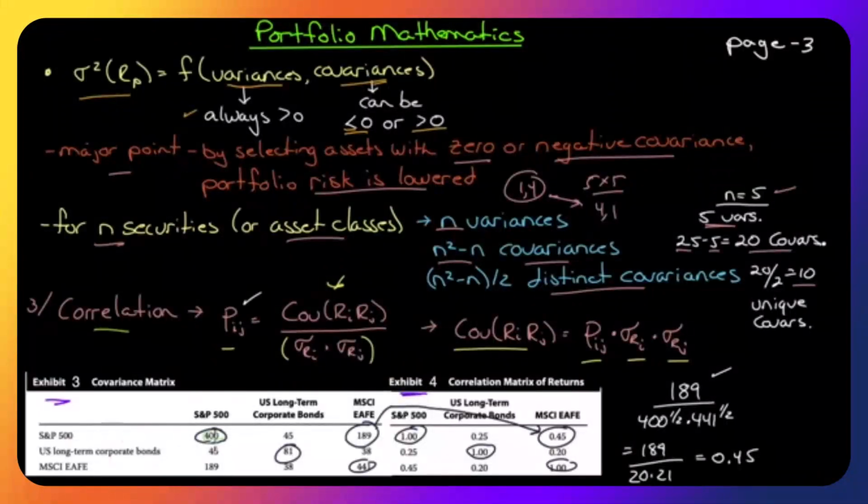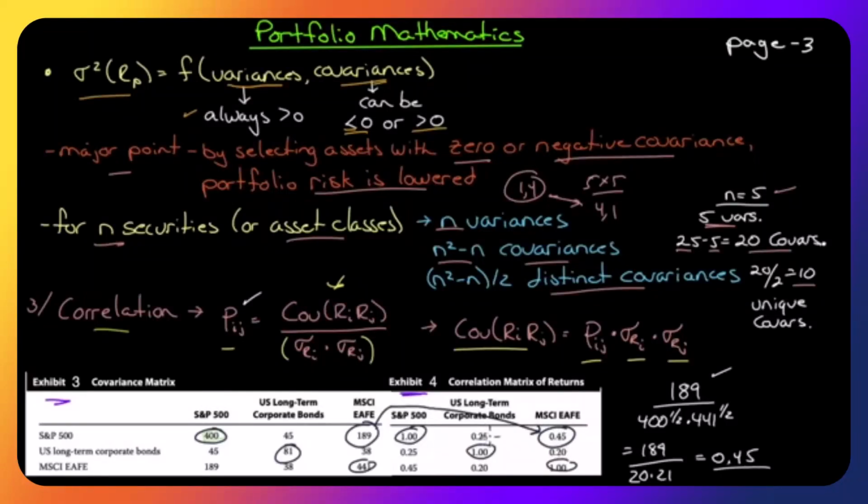So the S&P 500 has a variance of 400. We don't want variance, we want standard deviation, so we take the square root, or the power of 1/2. And the MSCI index has a variance of 441, so we take the square root of that. That'll be the standard deviation of that asset class. That's 189 divided by 20 times 21, or 0.45. There you go right there.